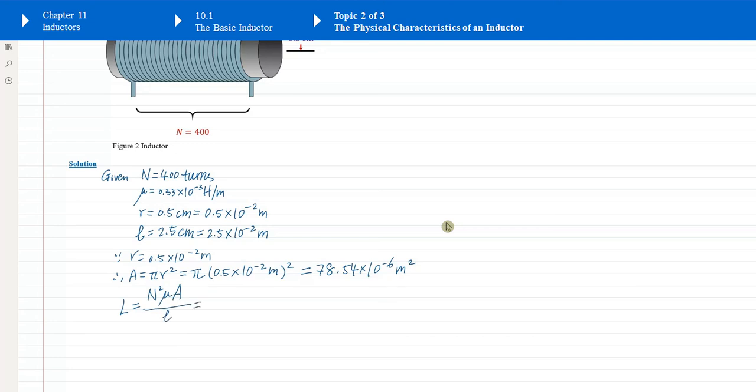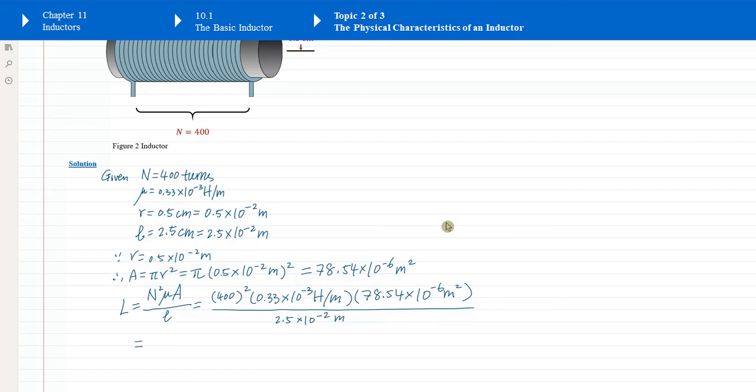This equals 400 squared times 0.33 times 10 to the power negative 3 Henry per meter, times the area, which is 78.54 times 10 to the power negative 6 meter squared, and then divided by 2.5 times 10 to the power negative 2 meter.